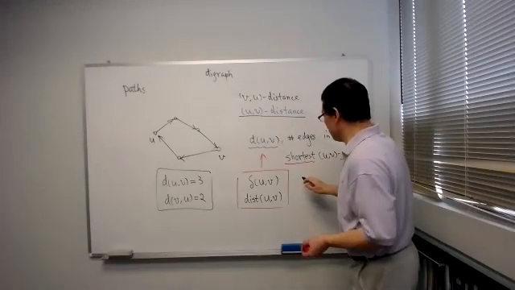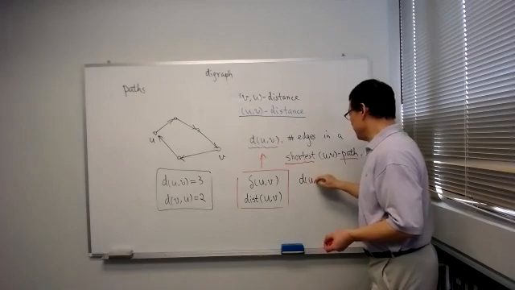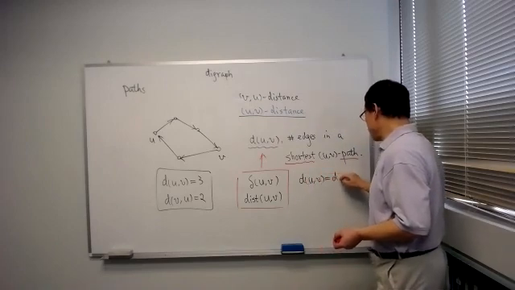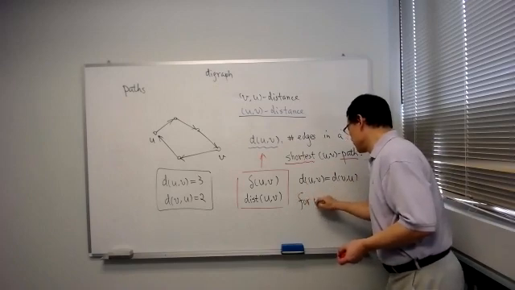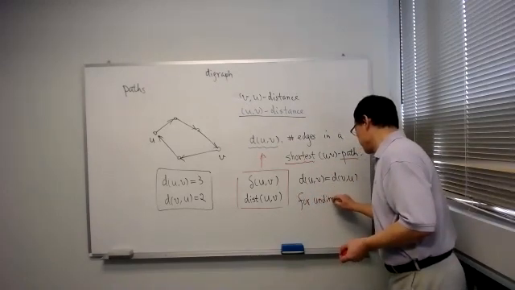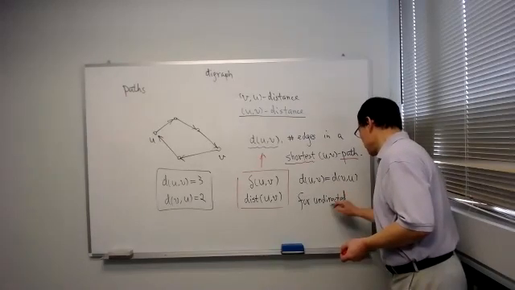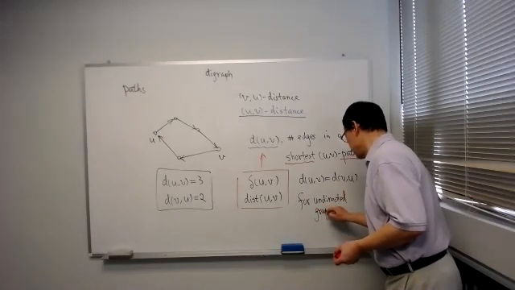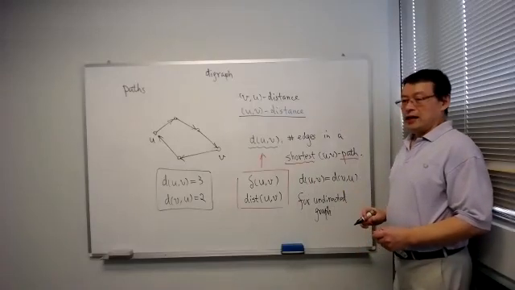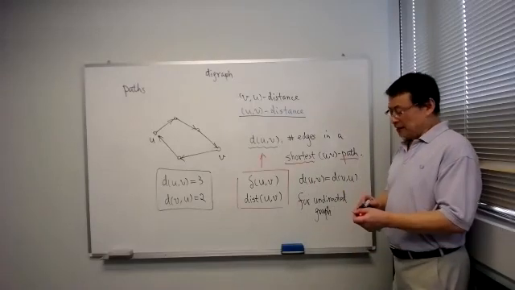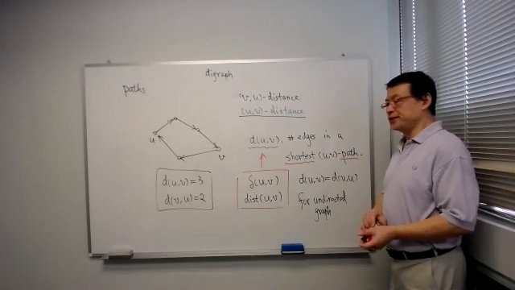So d(u,v) equals d(v,u) for an undirected graph, because that's the metric. All right.